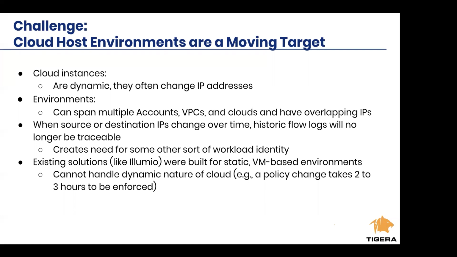Cloud instances inside of an autoscale group are continuously expanding and contracting based on different performance characteristics, like CPU utilization or memory utilization. And when they're terminated and come back, they often change their IP addresses. So traditional network security enforcement using IP can be a challenge.